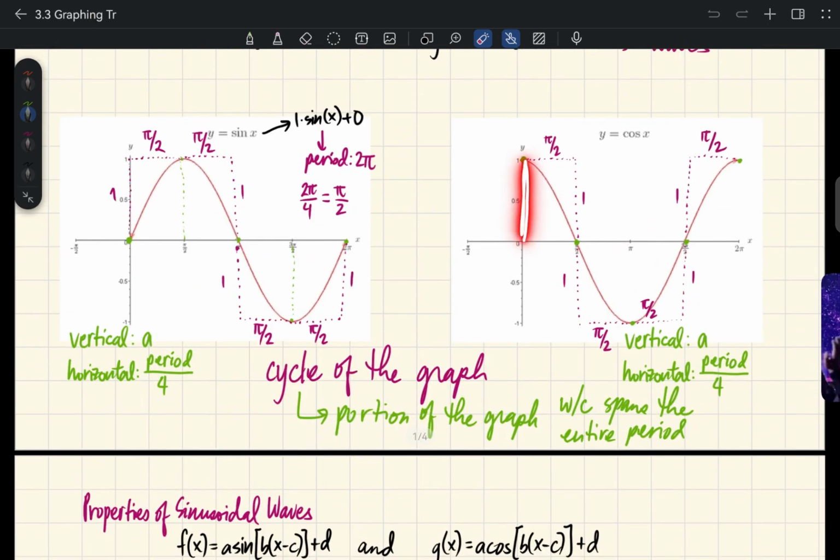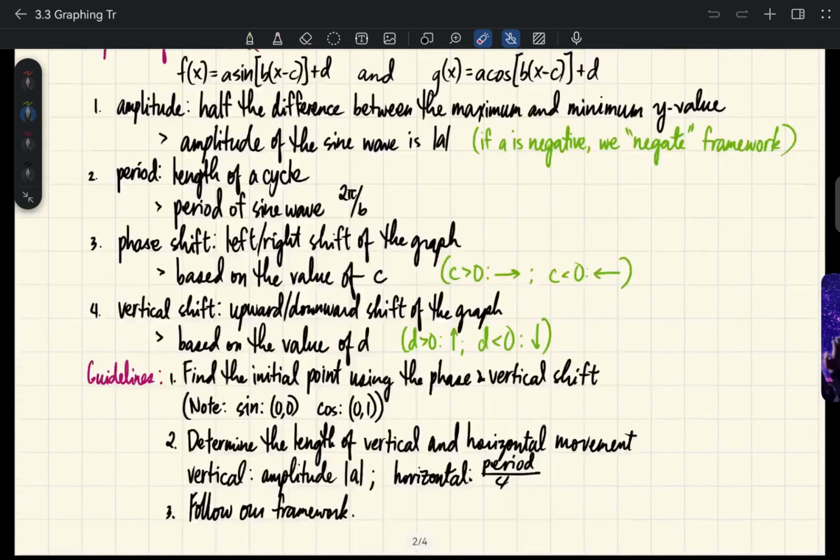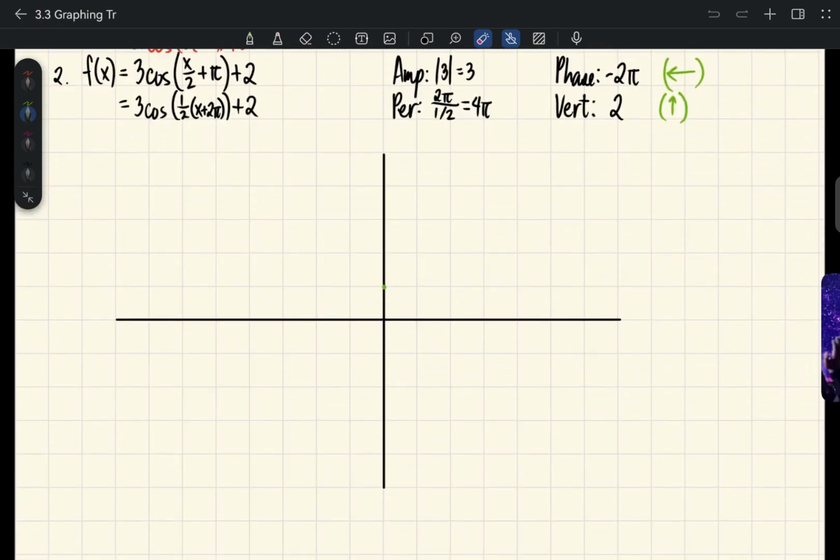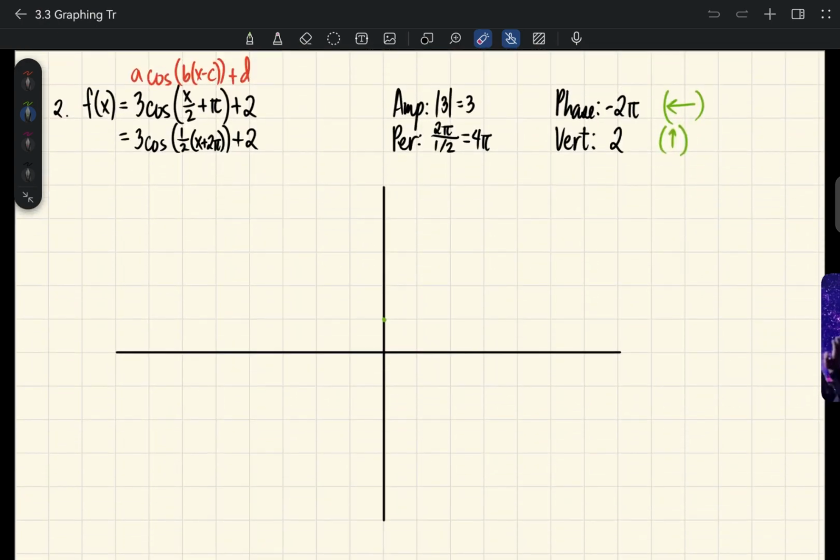So, unlike for your sine function, since we're starting with a maximum point, we have to scale this first, considering the amplitude. So, since we have an amplitude of 3 right here, we have to multiply the y-coordinate by 3.